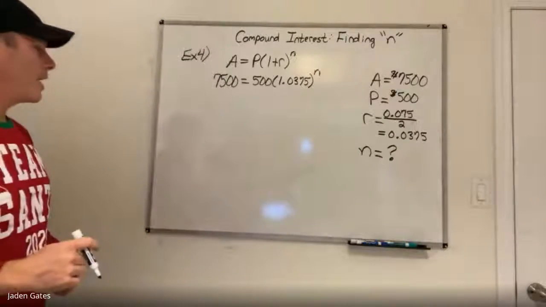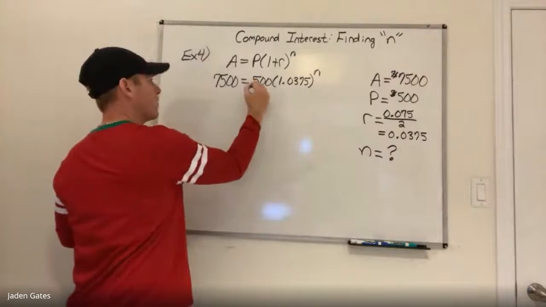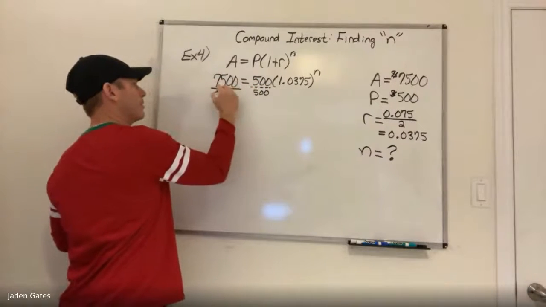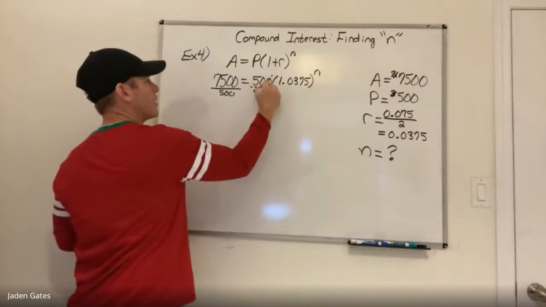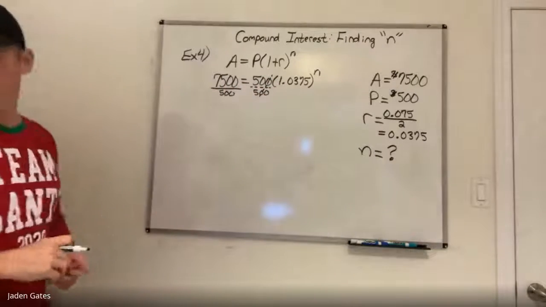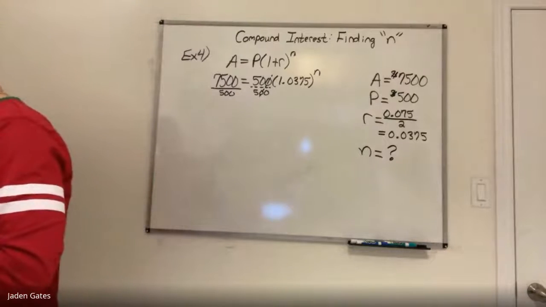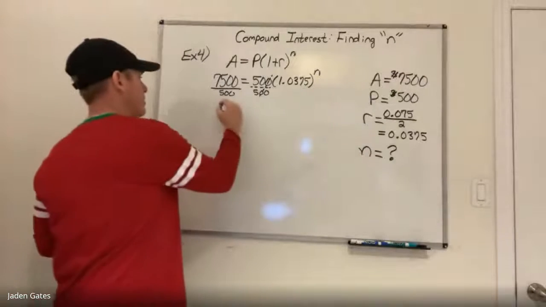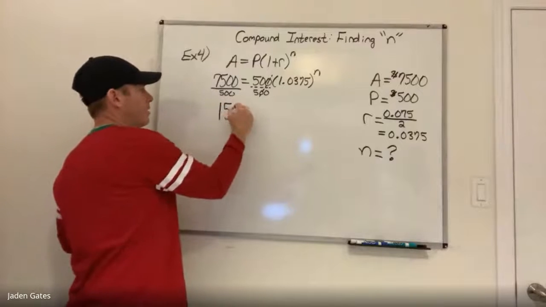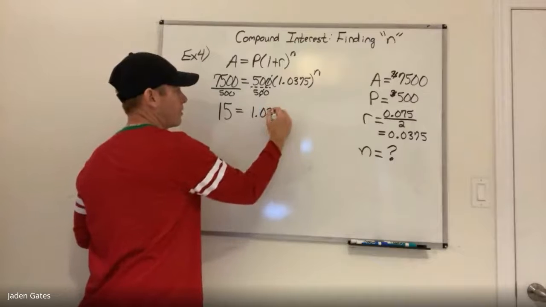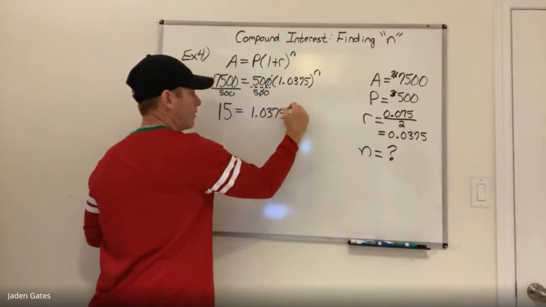All right, so again, like I've done before, I'm going to get rid of this 500. Divide each side by 500. So those divide each other out. I take 7,500 and I divide it by 500. And I get 15. Yeah, that makes sense. All right, and now I have my power here.